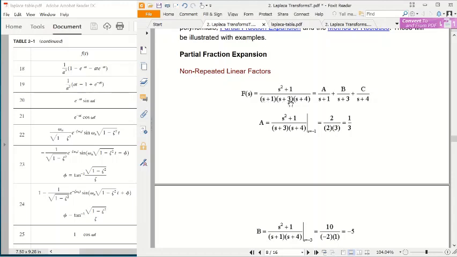This is what we call non-repeated linear factors.